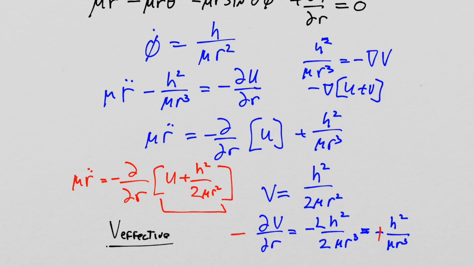It'll be very interesting to see how V effective is different in the Schwarzschild geometry from this Newtonian geometry. Now, we haven't really poured into the full Newtonian problem yet because we still haven't substituted for u the basic Newtonian potential that's proportional to 1 over r. And we'll do that next time.